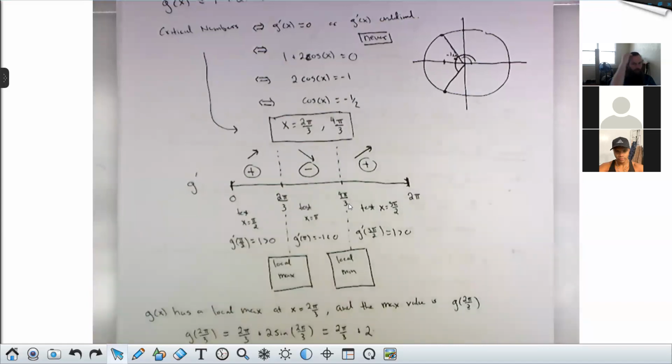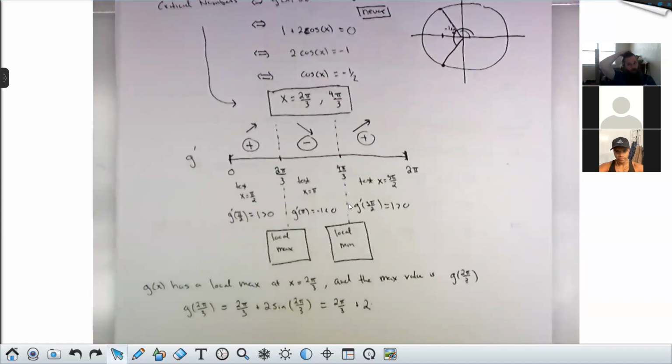What is the sine of 2 pi over 3? Does anybody know that? Square root 3 over 2.